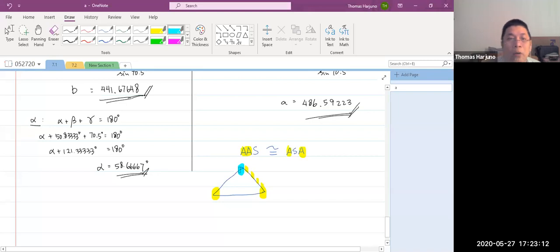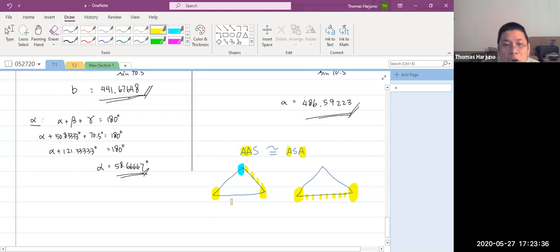Now angle, side, angle refers to a situation where you know two angles and the side is in between.